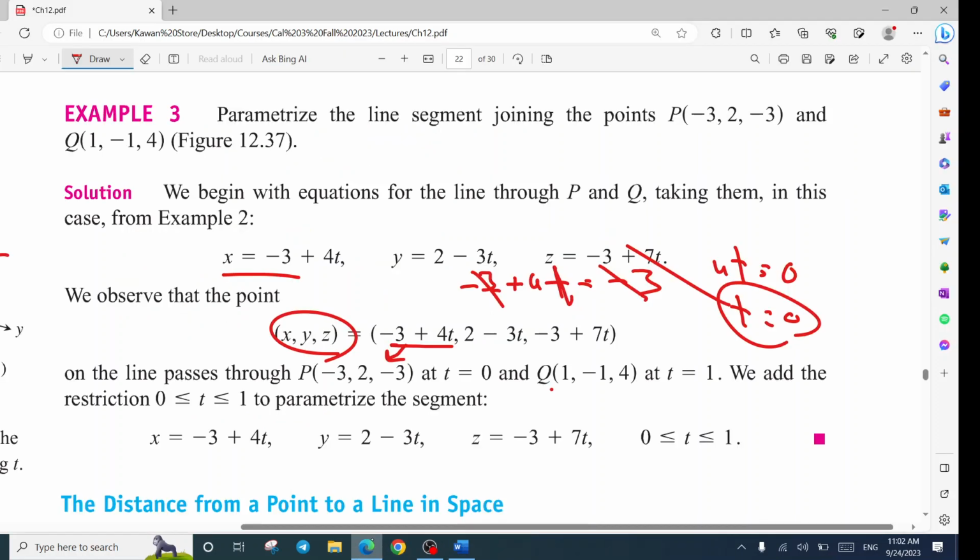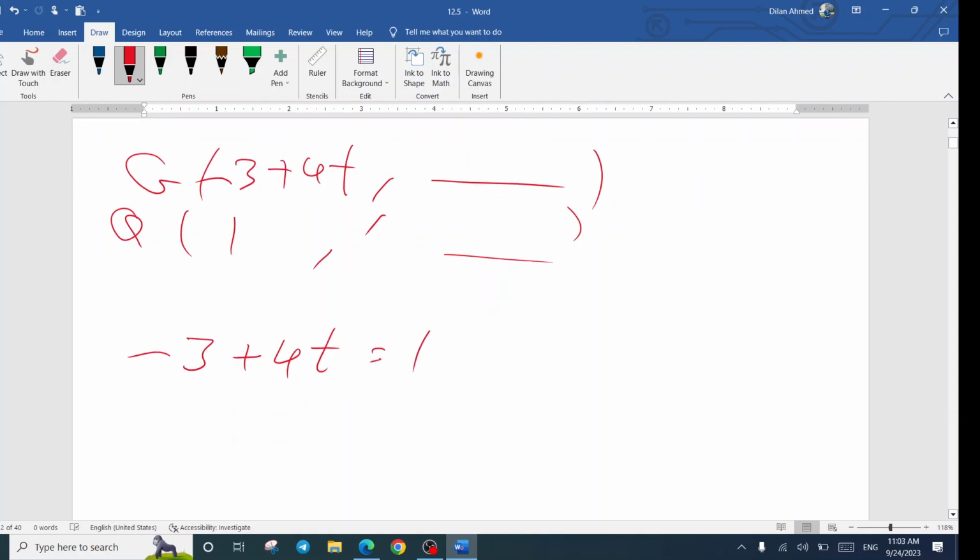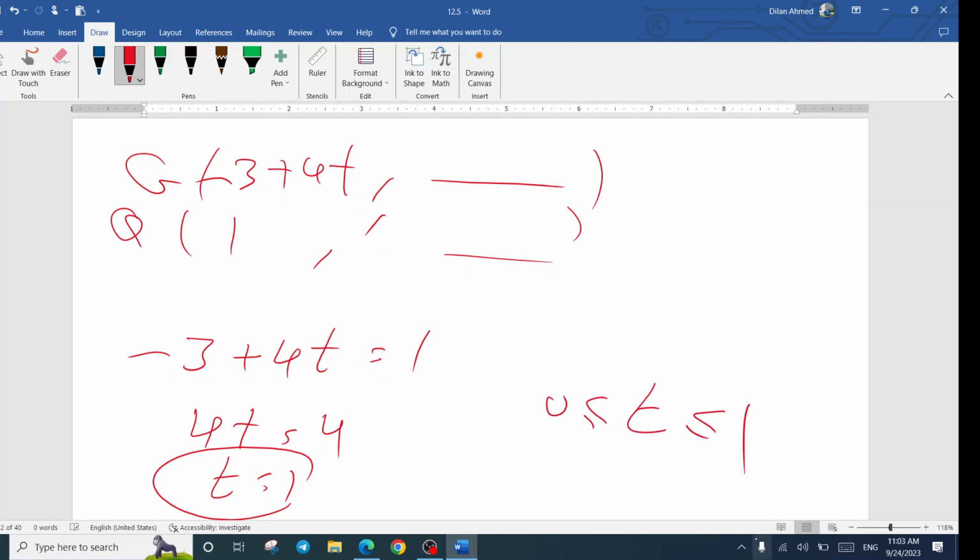Minus 3. 4t equal to what? 1. So t is between 0 and 1. This is a line segment; if it were between infinite and infinite, it would be a line.